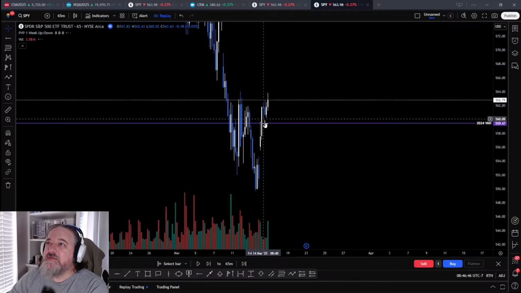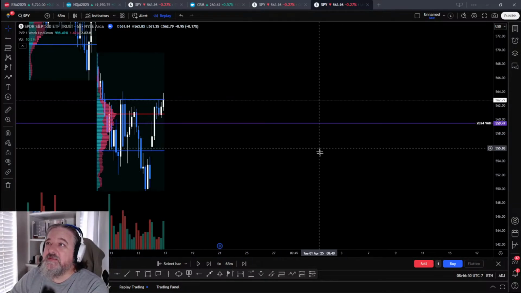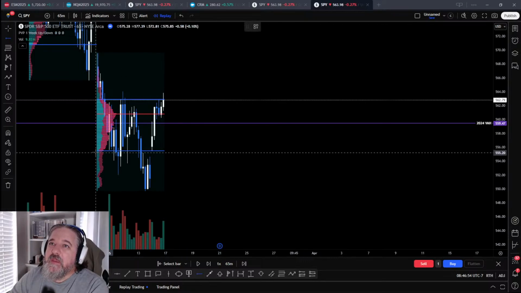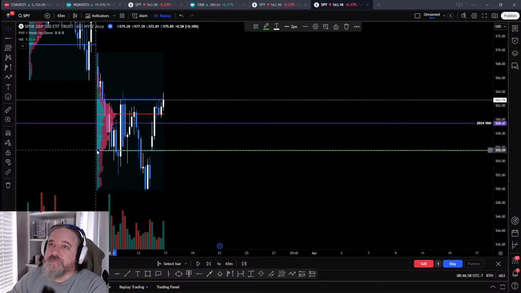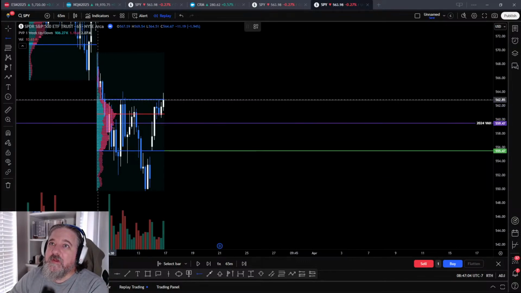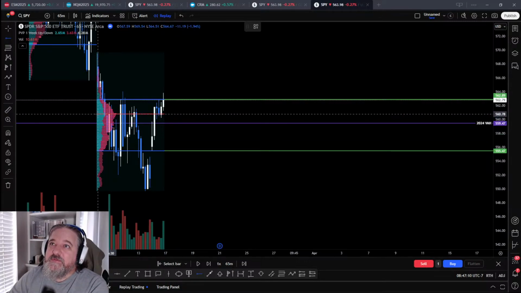And this is our current previous week going into the next week that we just finished trading, basically. We're going to grab our low. We're going to grab our high. And then we're going to grab our POC.